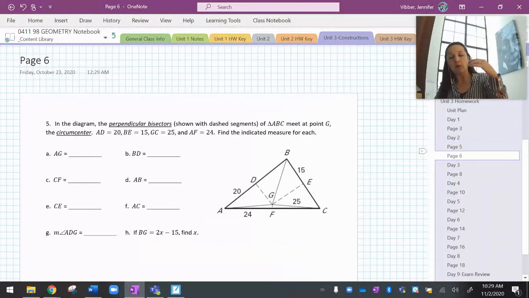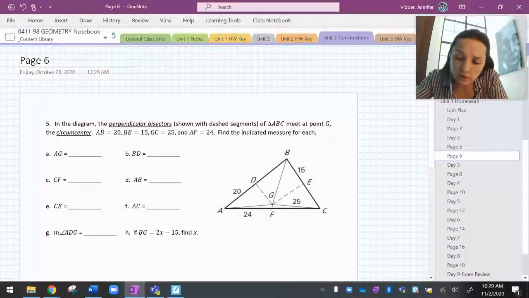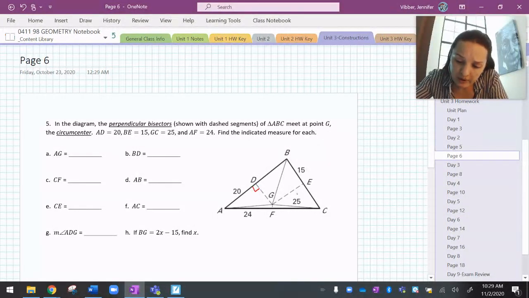Last but not least, I want to talk about this. In this diagram, these are all perpendicular bisectors, and they meet at the circumcenter, and then they give you a bunch of distances, and they say find the indicated measure for each. What I want to do here is, if these are perpendicular bisectors, that means that these are all 90 degrees, and that this equals that, and this equals that, and this equals that.